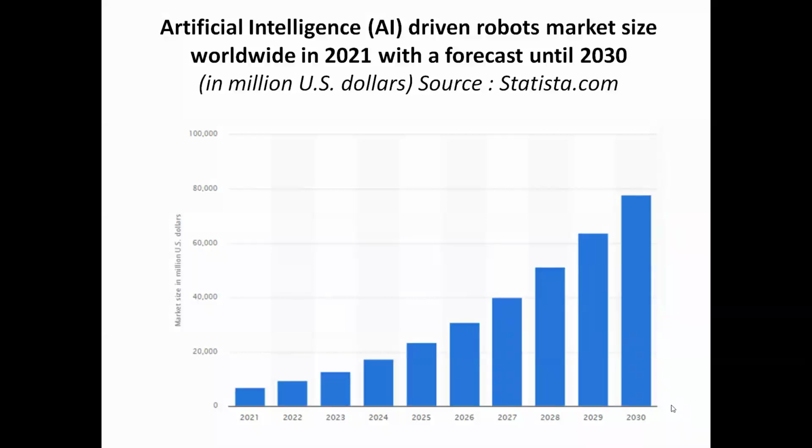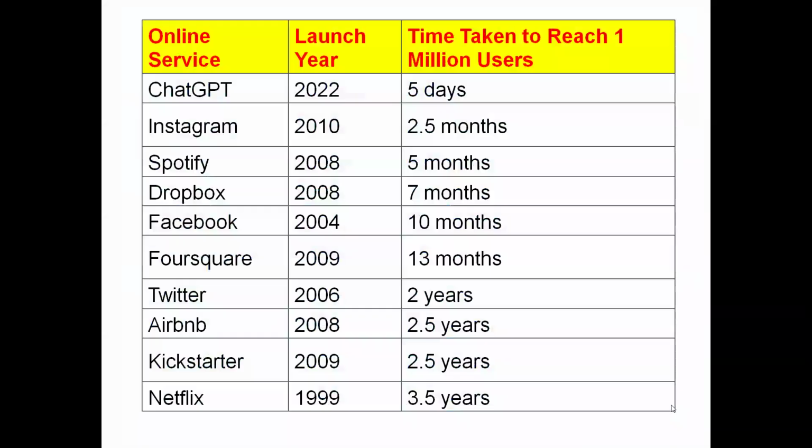So you can see that from the last 5 years, what is the elevation level? This particular market is moving exponentially, and you can see the prominence. At one time, Netflix took around 3.5 to 4 years to achieve 1 million users, while ChatGPT achieved 1 million users in only 5 days.